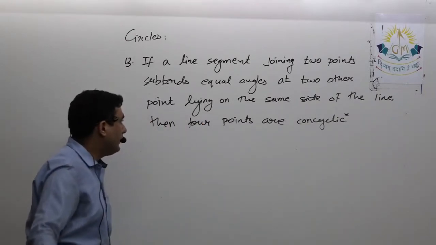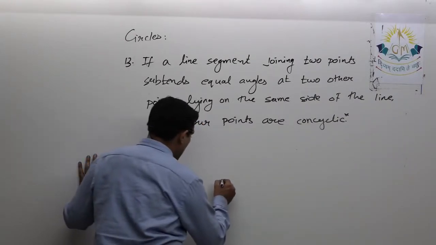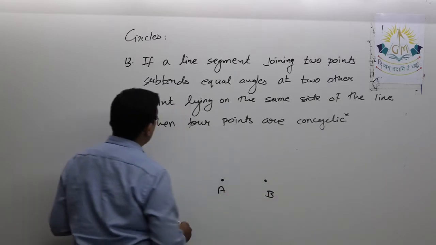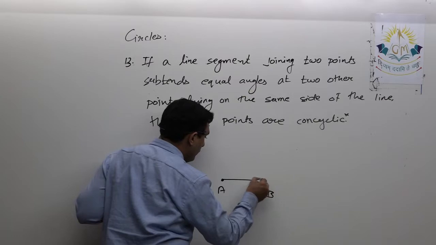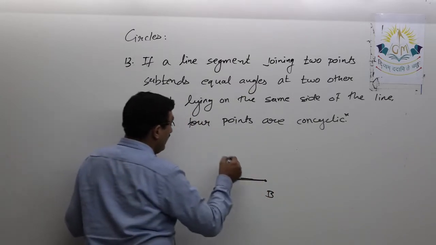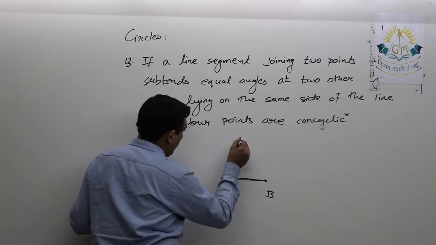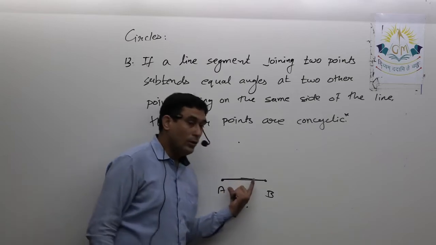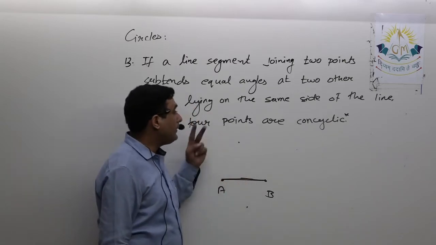It says if a line segment joining 2 points, let these two be the points A and B, subtends equal angles at two other points. Now one point might be over here, might be over here, isn't it? These 2 points subtend equal angles at two other points.